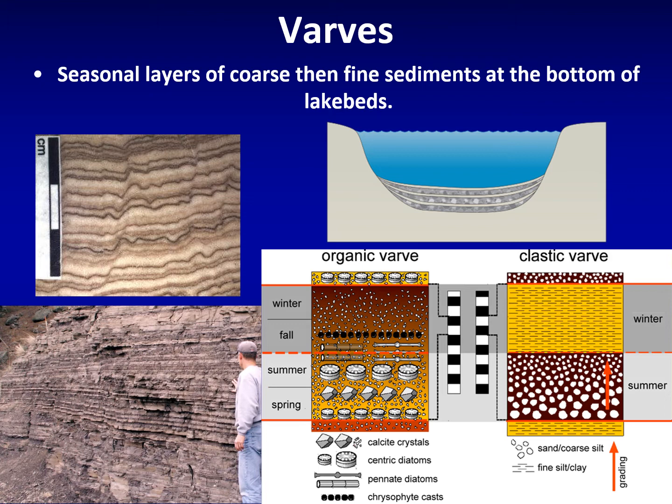Each year, a coarse grained sediment is deposited in the spring and summer, because the water is moving fast. And then a very fine grained particle is deposited in the fall and the winter, when the lake freezes over and everything's very still. All the sediment kind of floats to the bottom, and so you have coarse and then fine layers of sediment each year. You can count these and it gives you an absolute age estimate.